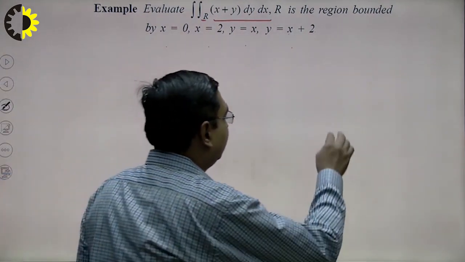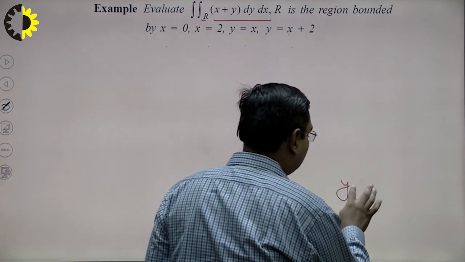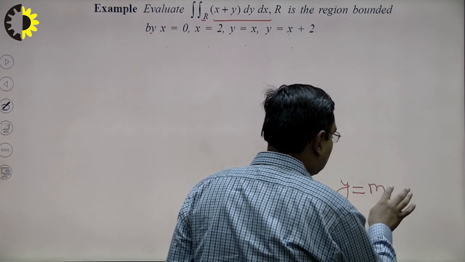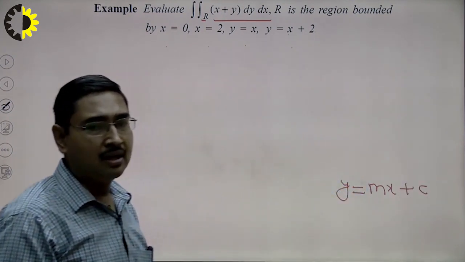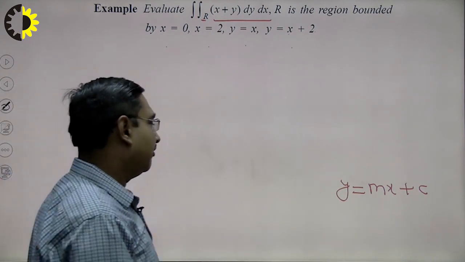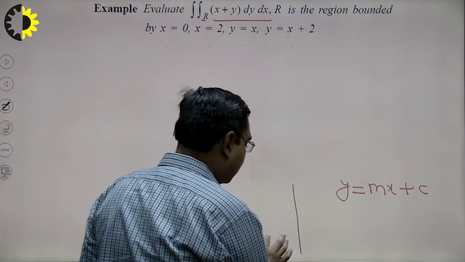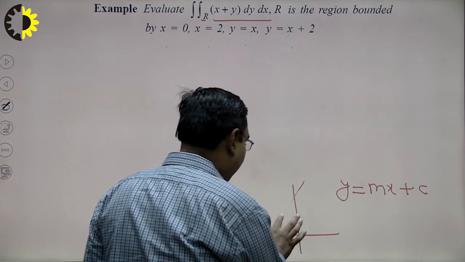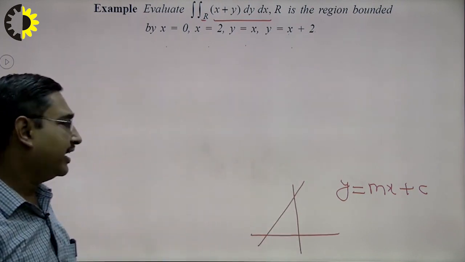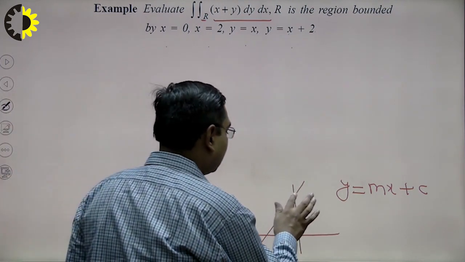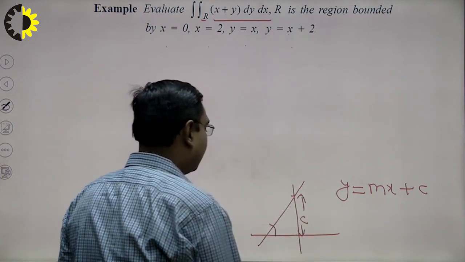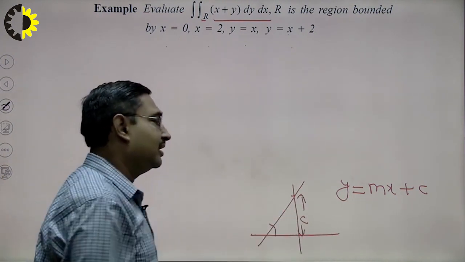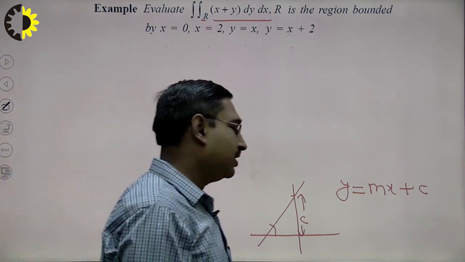We know that y equals mx plus c is the equation of a line whose slope is m and whose y intercept is c. This distance was c and this angle theta, then m will be tan theta.